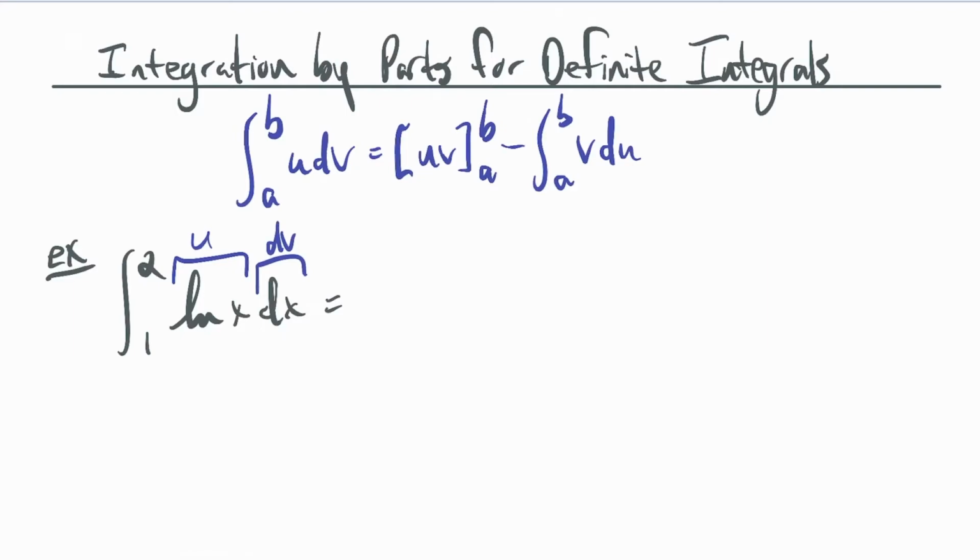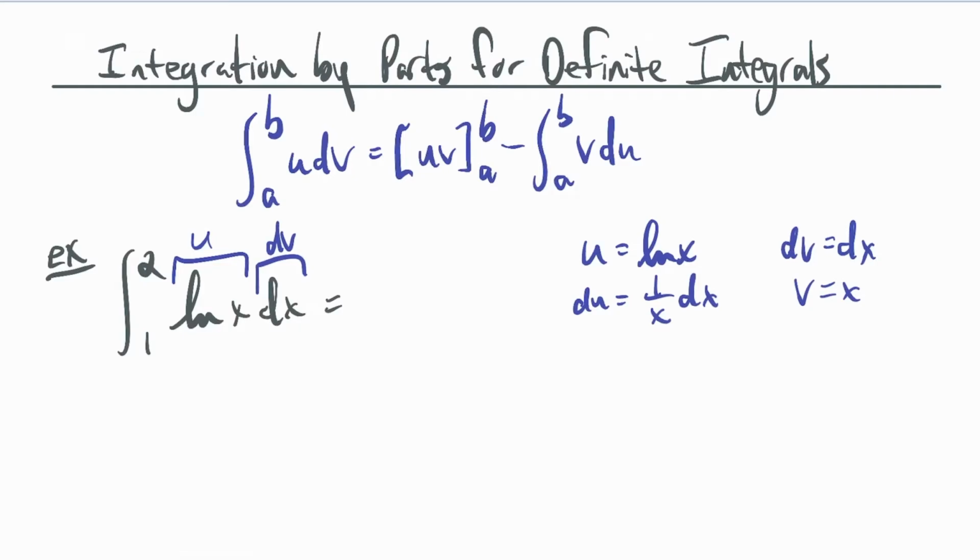And for this one, I'm not going to use the tabular method. So if u equals ln x, then du equals 1 over x dx, sorry, dx. And if dv equals dx, well, then v equals x, right?